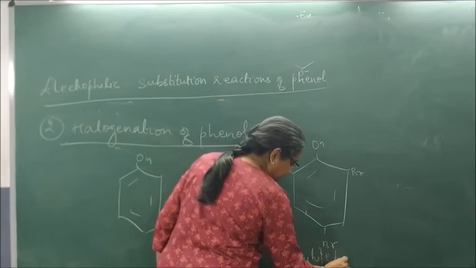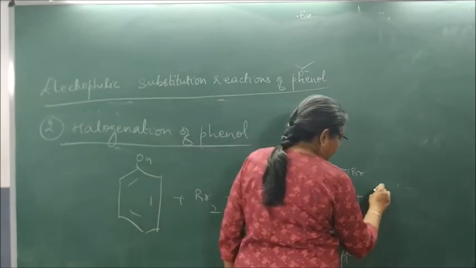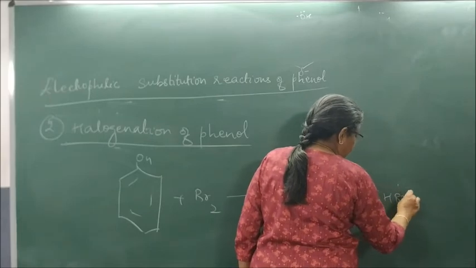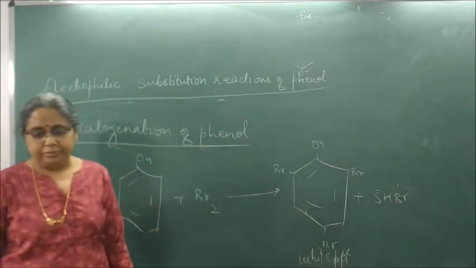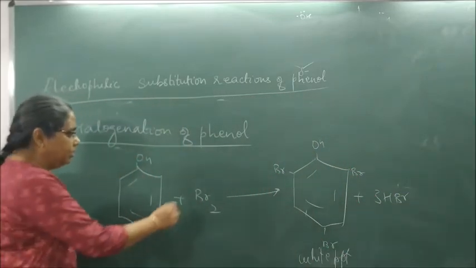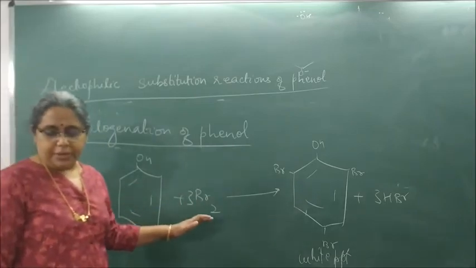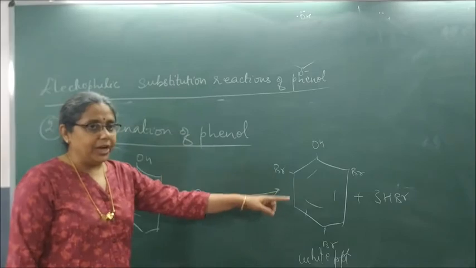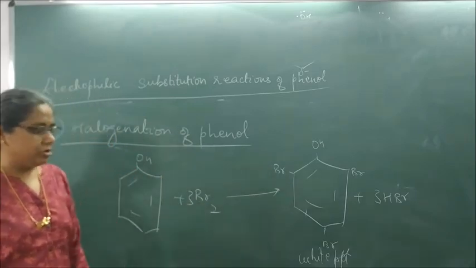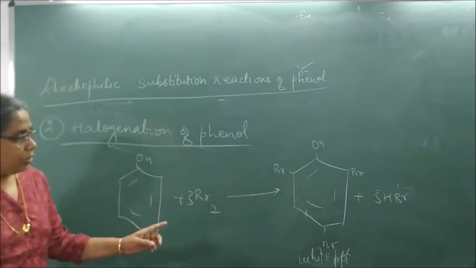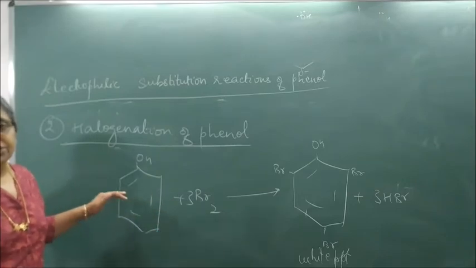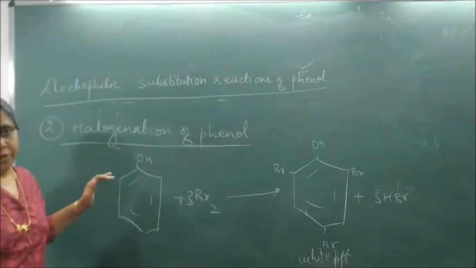White in color. It is a white precipitate, plus it forms 3 molecules of HBr. So how many bromine? 3. So C6H5OH plus 3Br2 gives a white precipitate of 2,4,6-tribromophenol and HBr. This is used as a confirmatory test of phenol.